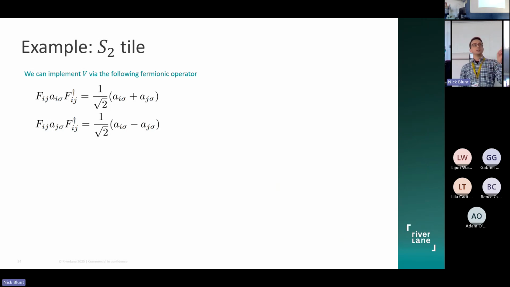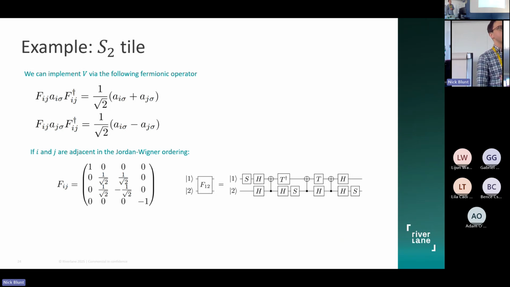And the slightly tricky thing here is that if i and j are next to each other in the Jordan-Wigner ordering or the fermionic ordering that you define, then this is very simple to implement. It has this matrix representation, and the circuit involves just 2 T gates. So there's no complicated rotations that you have to break down into many more T gates.